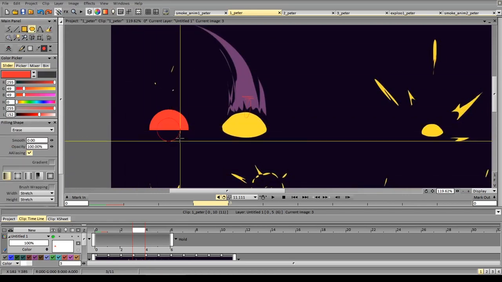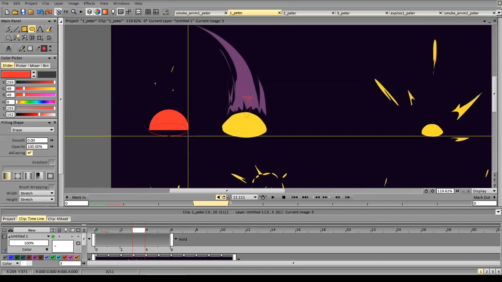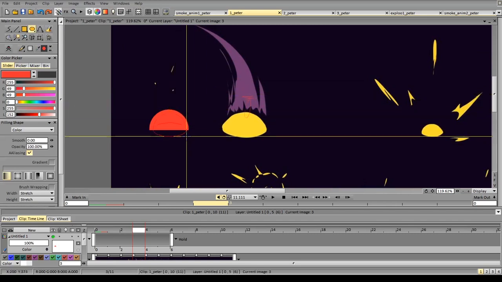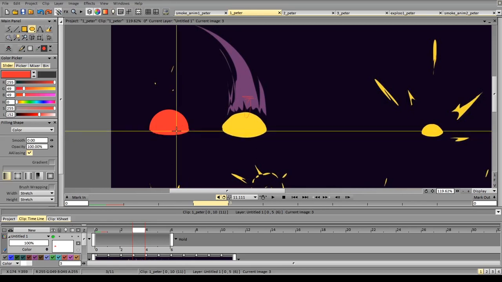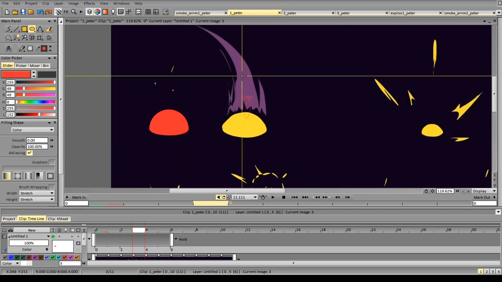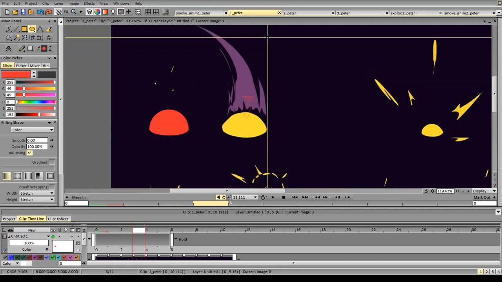Add a circle at the bottom. This is way more clean and refined, and it just looks better.